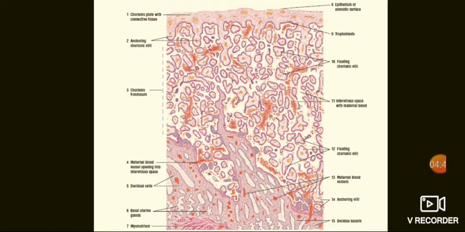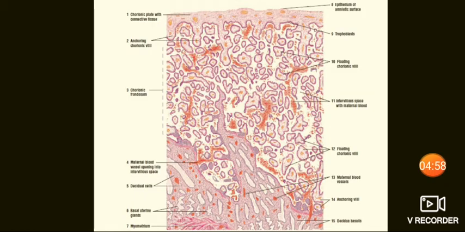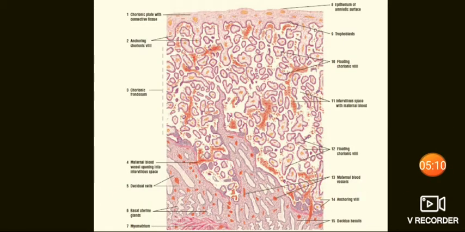The maternal component is formed by the decidua basalis, and this decidua basalis sends incomplete septa toward the chorionic frondosum. The decidua basalis has decidual cells, the basal uterine glands and spiral arteries.